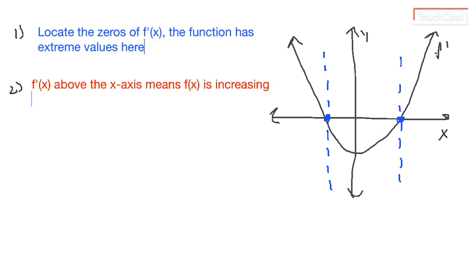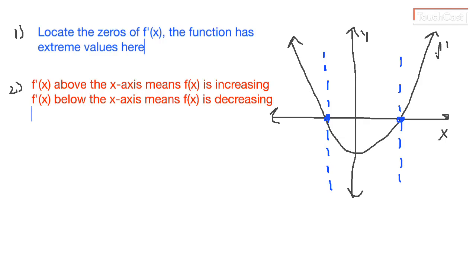Other case, if the first derivative is below the x-axis, that means the function is decreasing. So that actually helps us determine do we have a max or a min at these points.